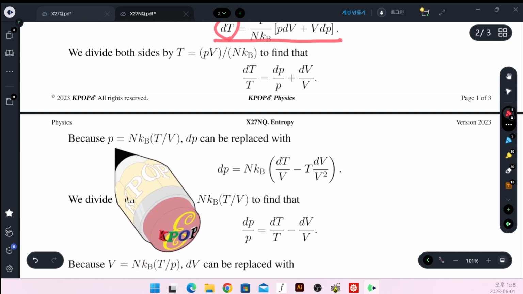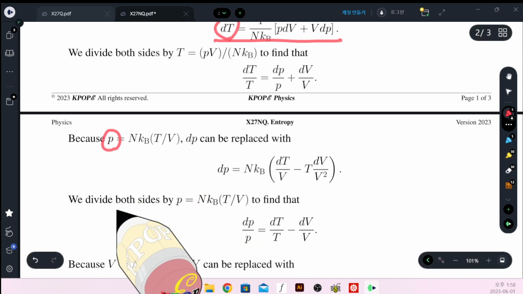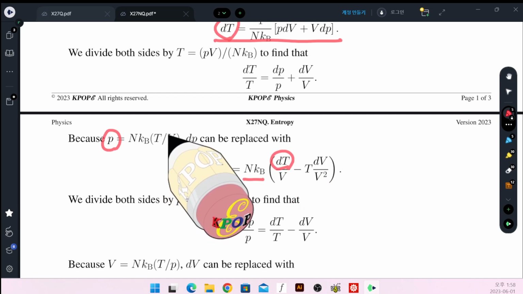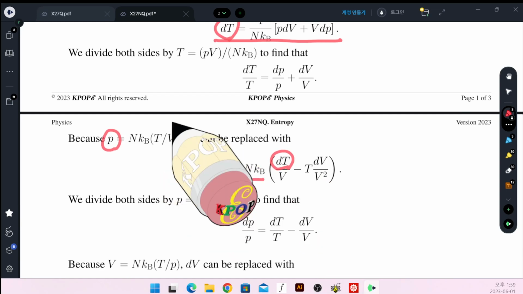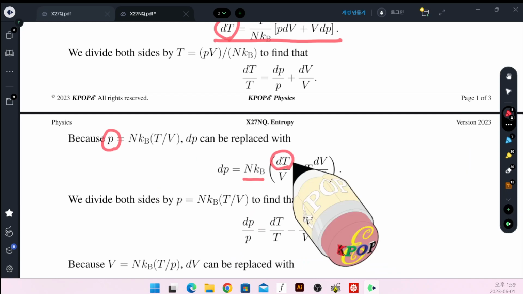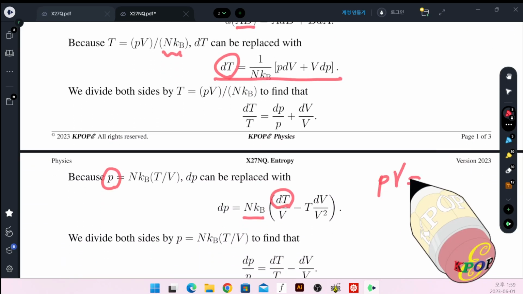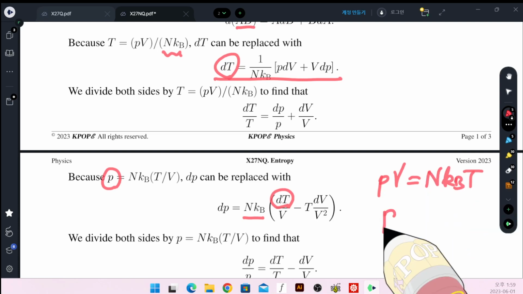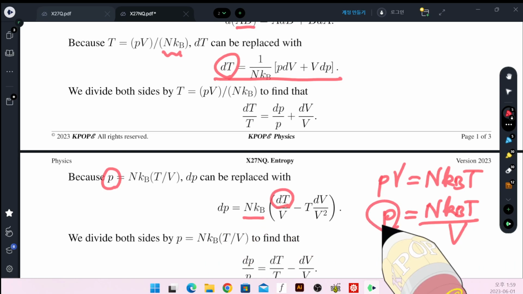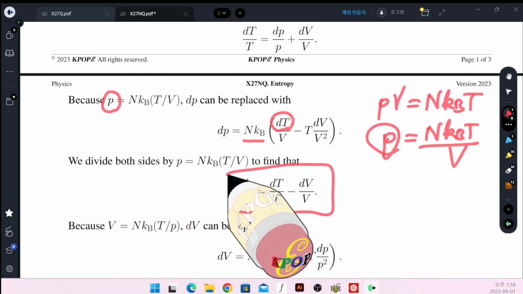In case we'd like to make use of P's dependence on temperature and volume, we can express dP as a constant factor times the differential of T, and because it is 1 over V, the differential of 1 over V is minus 1 over V squared dV, multiplied by T. Again, we divide both sides by P, which equals NkBT over V. Again, the constant factor cancels, and everything becomes like that.